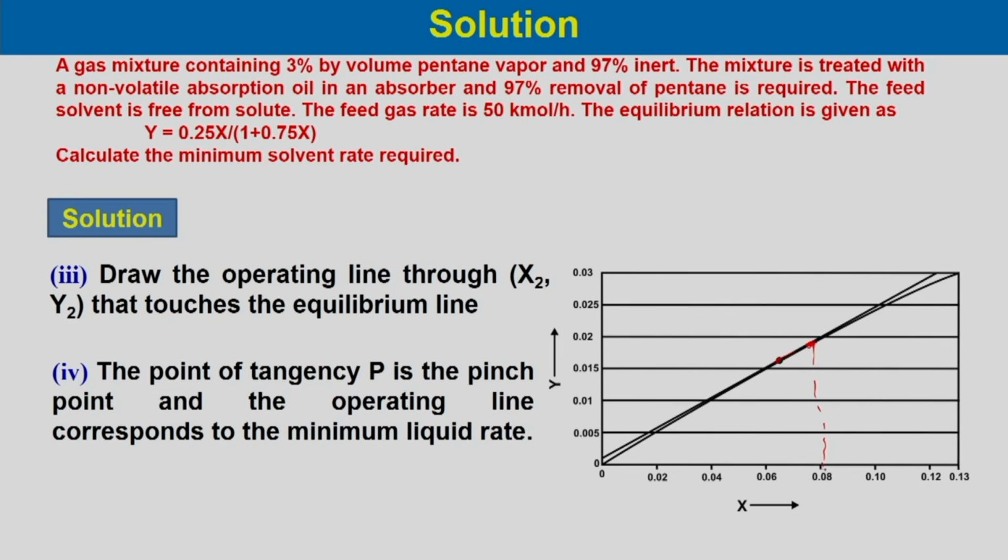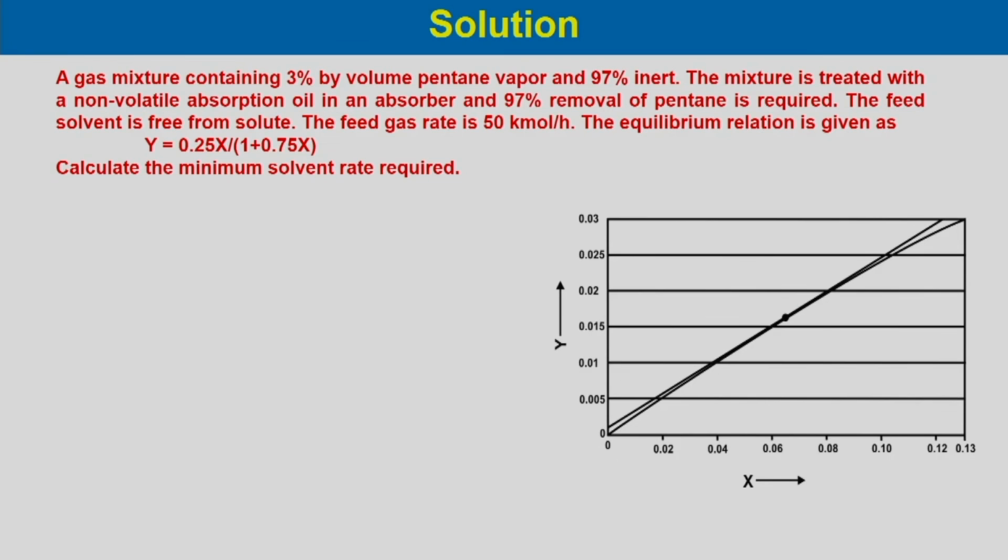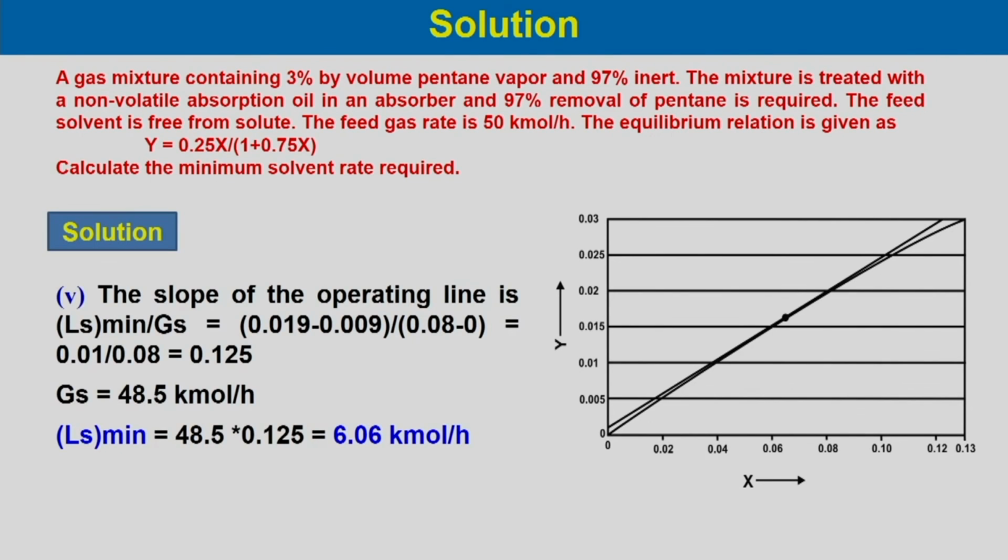At this point we need to calculate x value, that is x1 and y1. So, we can calculate the slope of the operating line. So, with respect to this point is 0.019. So, which is over here and this is capital Y2 we have calculated, this is capital Y1 and then this is x1 and this is x2 which is 0.